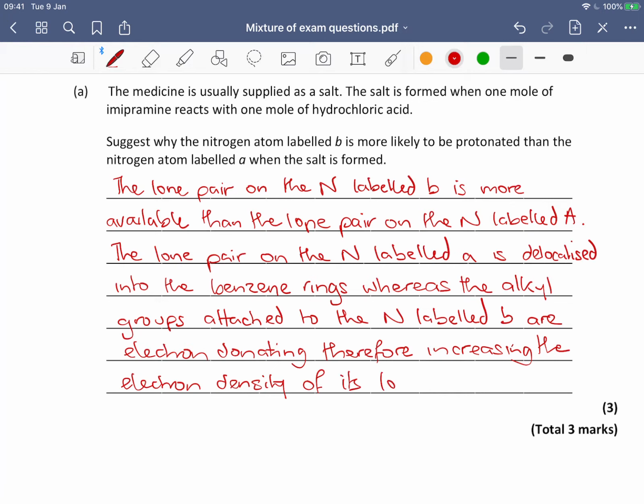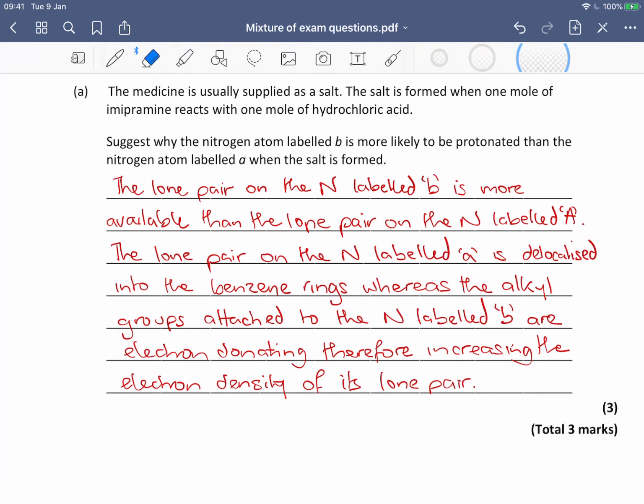There are slightly different ways we could have phrased all of this, but if we think about what's critical: availability, making it clear that we're comparing the availability of the lone pair. That's 1 mark. Making it clear that with A, the lone pair is delocalized into the ring. That's also important.